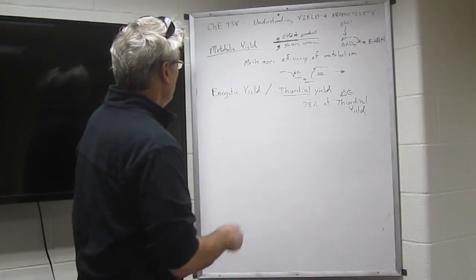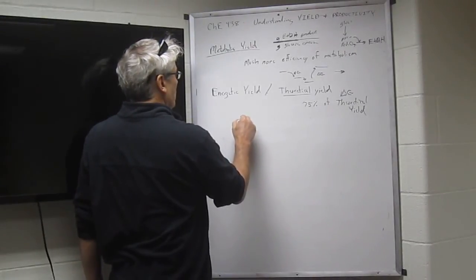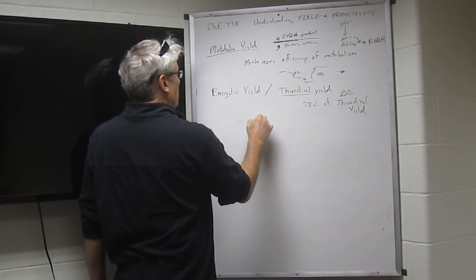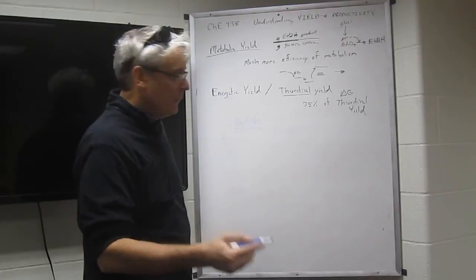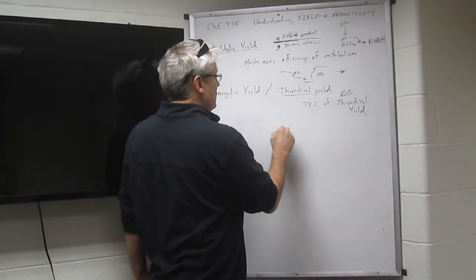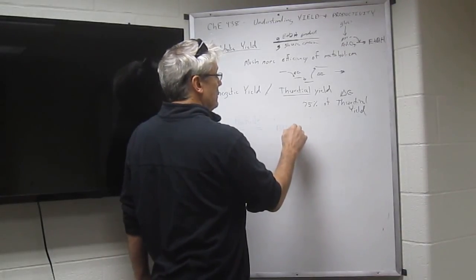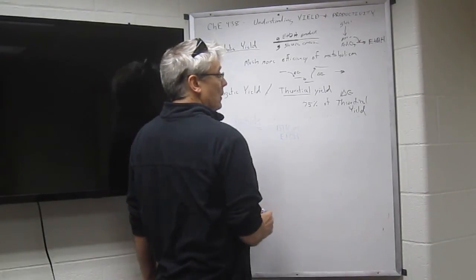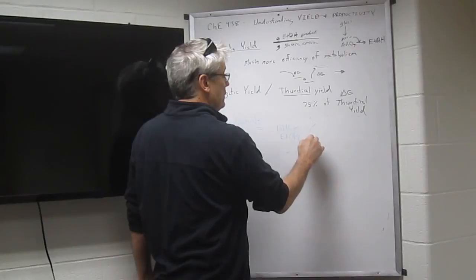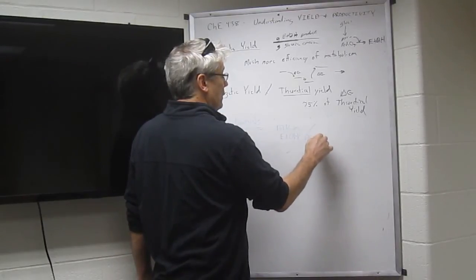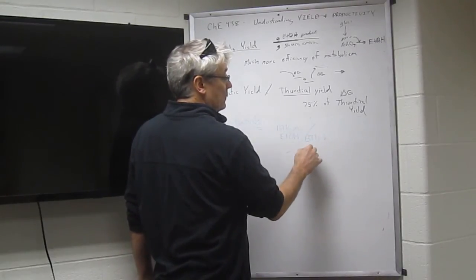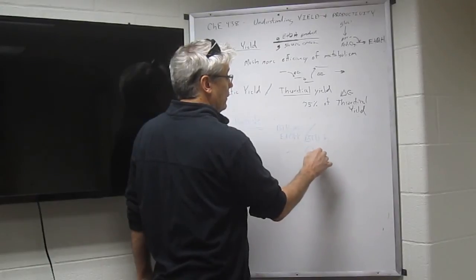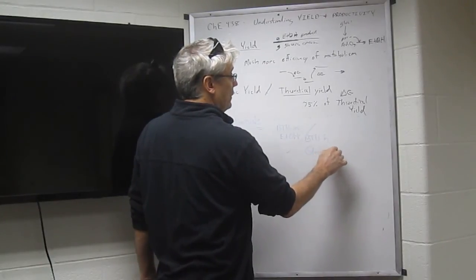And so from a biofuel standpoint, of course, you're really worried about, for instance, the BTUs in the ethanol that I made relative to the BTUs in the glucose that I fed, because glucose will burn.